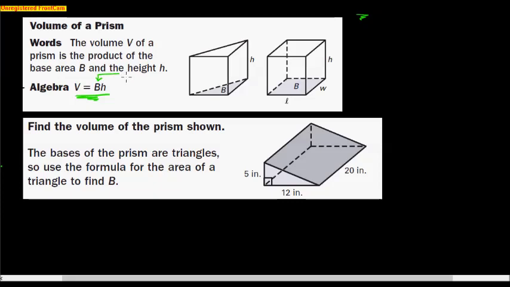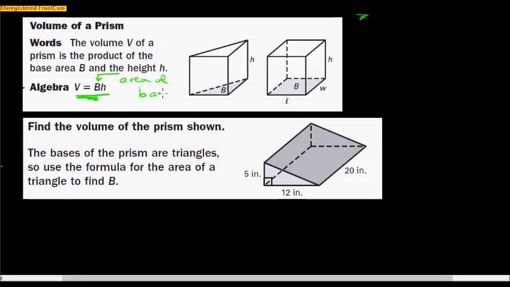Well, it's a capital B because it is different than a little lowercase b. In this formula, that big B stands for the area of the base, okay, or the area of that triangle or area of that rectangle.